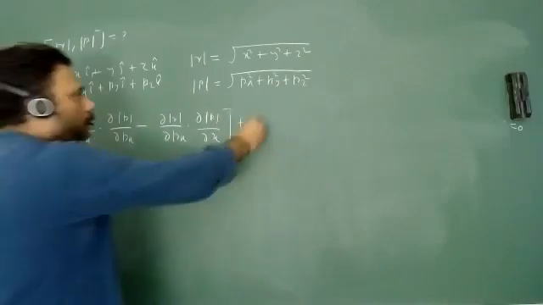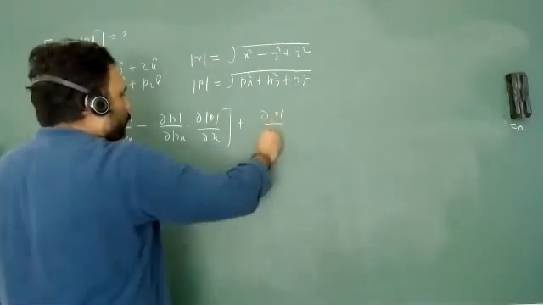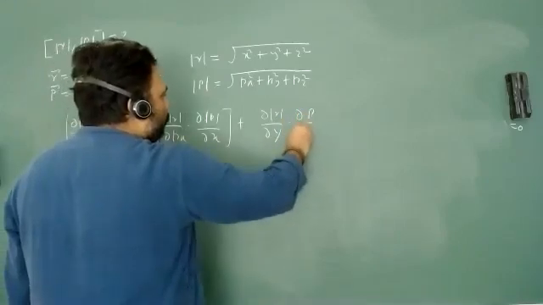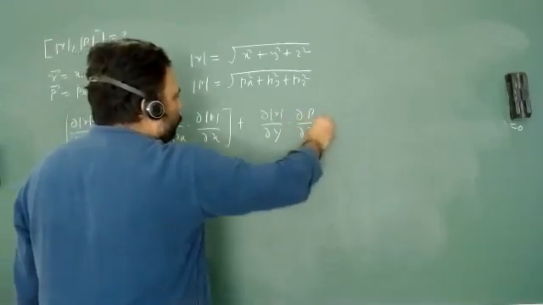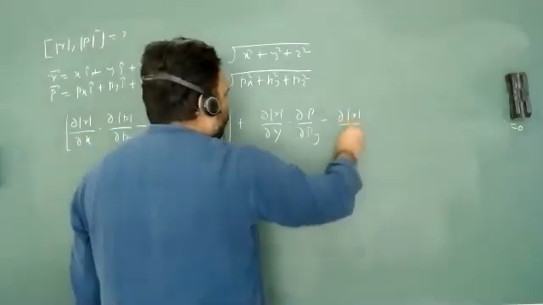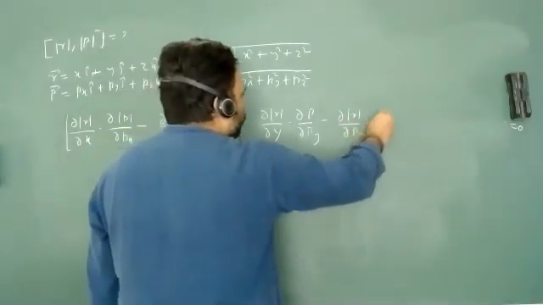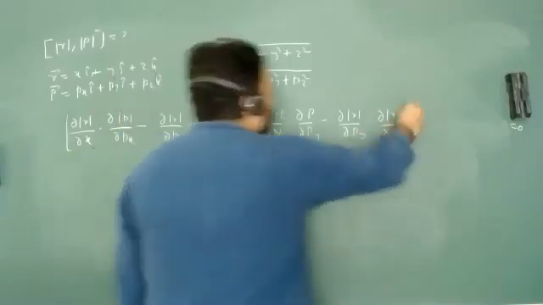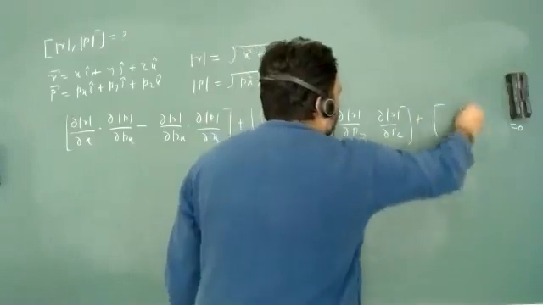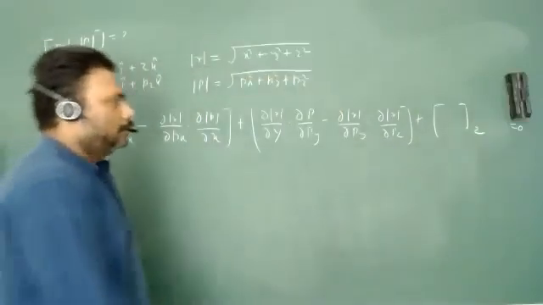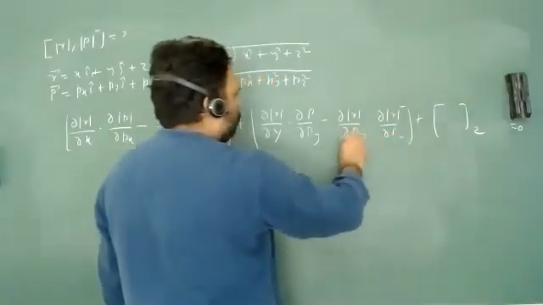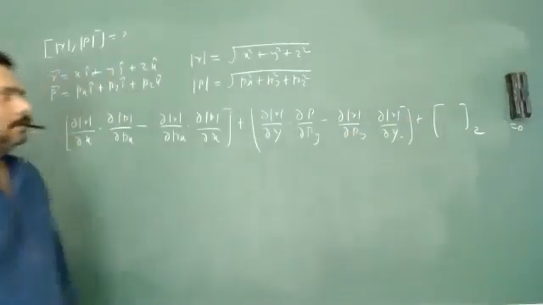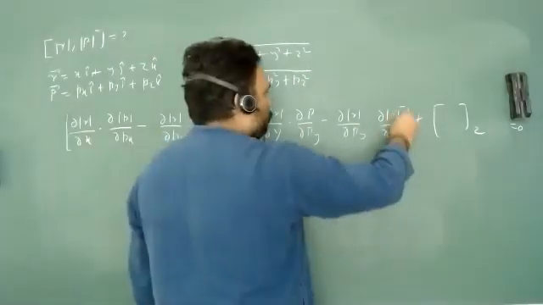Again, we have the y term: del mod r upon del y, del mod p upon del py, minus del mod r upon del py, del mod p upon del y. Similarly, we can go for the z term also. Sorry, this will be y. Okay, so there is p.